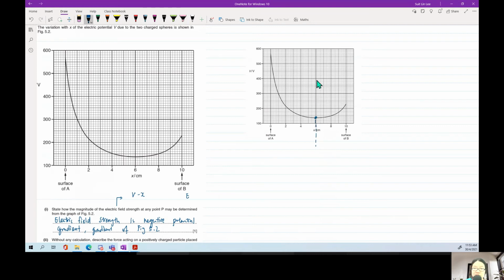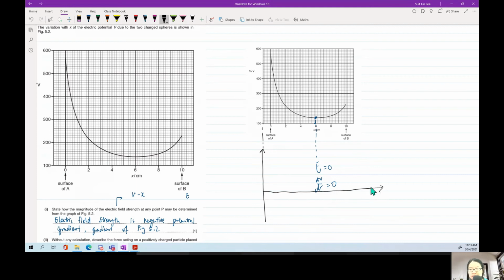So this means the electric field here is 0. E equals 0. Because why? dV/dr is 0, or dV/dx is 0. So you kind of have this decreasing negative gradient, so it will be decreasing positive value. So if you are drawing your E graph, I want to draw on top of that, but I'm scared to confuse people, so I'm going to draw here lah.